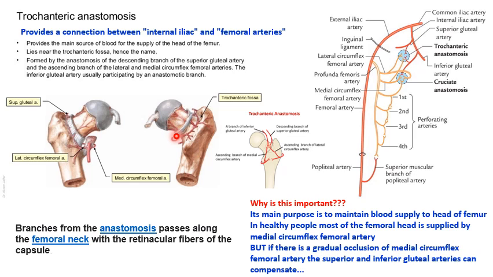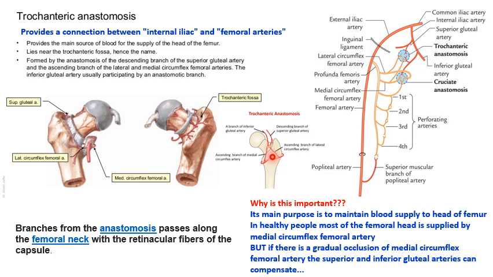In healthy people, most of the femoral head is supplied by the medial circumflex femoral artery, but there is a contribution from the lateral circumflex femoral artery also. If there is any occlusion of the medial femoral circumflex artery, the superior and inferior gluteal arteries can compensate the supply to the head of the femur via the trochanteric anastomosis.